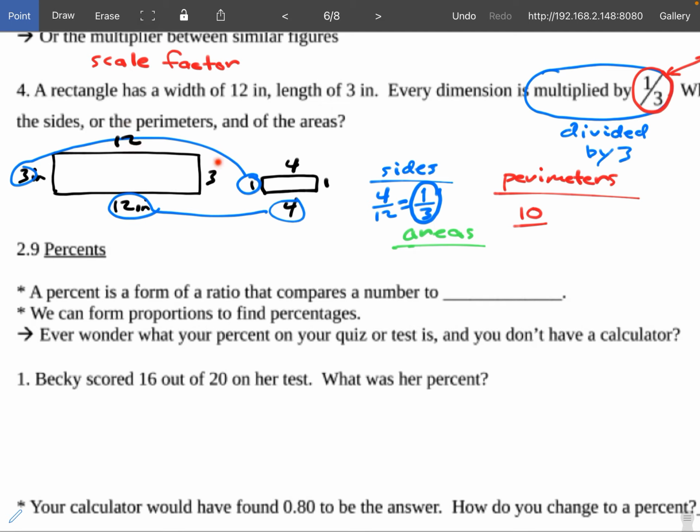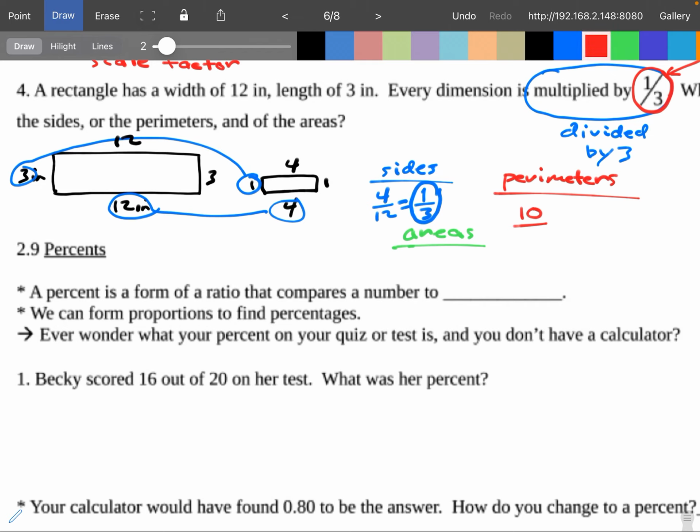And so then what's the perimeter of the big one? This would be a 12, and this would be a 3, right? So you would have 3 plus 12 plus 3 plus 12. 30. Yep, that's 30. And what does that reduce to? 1/3. That's also 1/3. So the scale factor of the sides was 1/3, and the scale factor of the perimeters is 1/3.